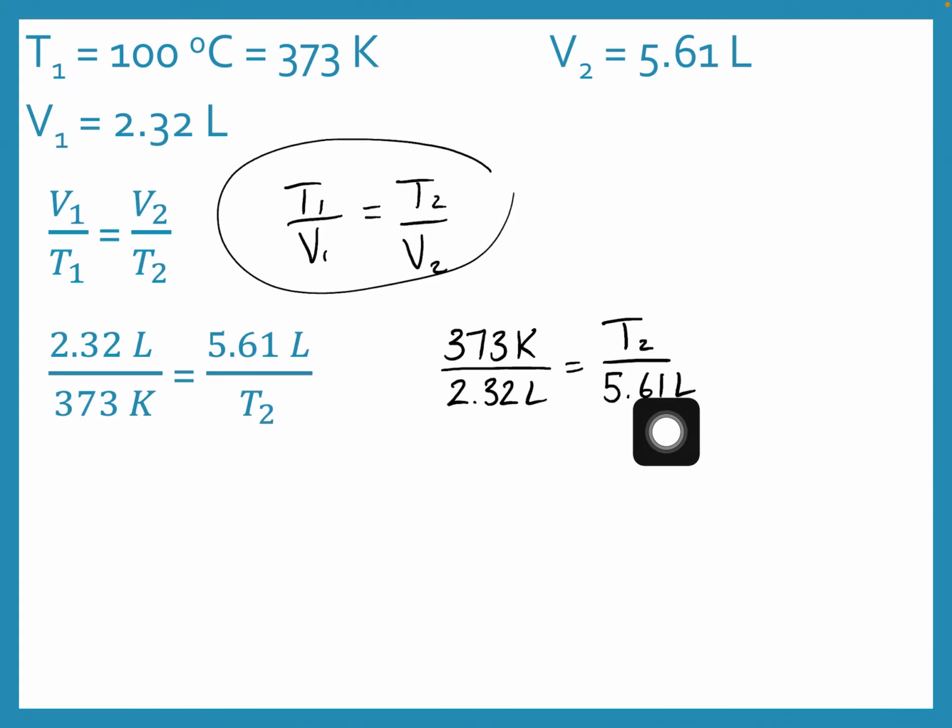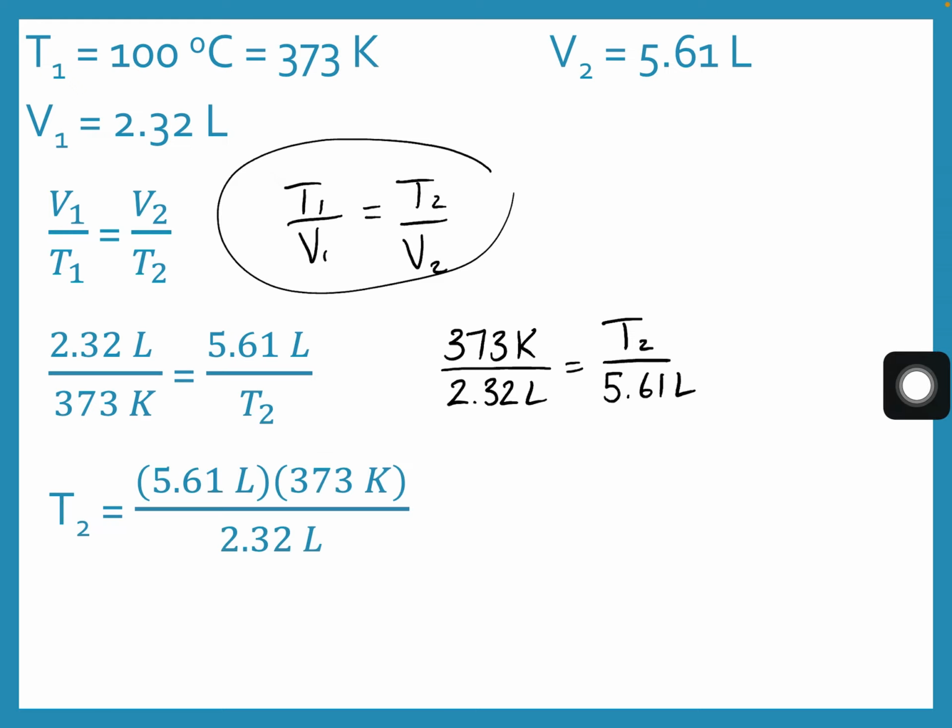This is a division by 5.61, so the opposite is to multiply over. So final temperature equals 5.61 liters times 373 Kelvin divided by 2.32 liters. We've got canceling of our liters, and our final answer is in Kelvin. That's 902 Kelvin. Now, we weren't asked for the final temperature.